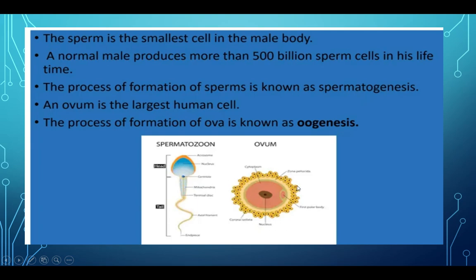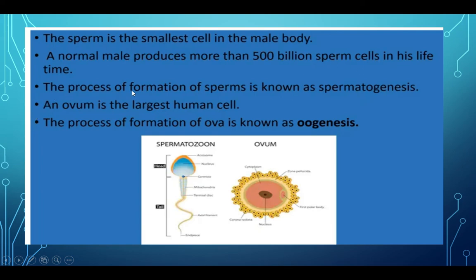If you take the female, the ovum is the largest human cell. Important: a normal male produces more than 500 billion sperm cells in his lifetime. So remember, children, a normal male can produce 500 billion sperm cells in his lifetime.